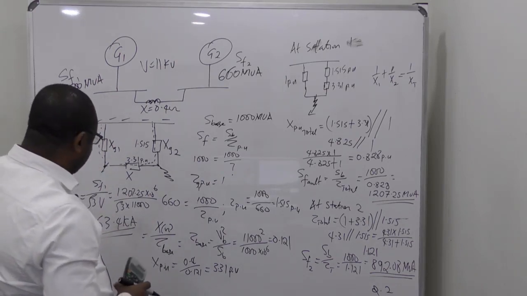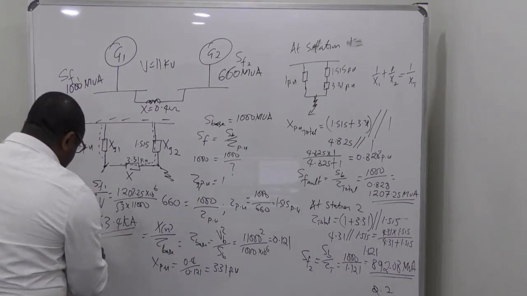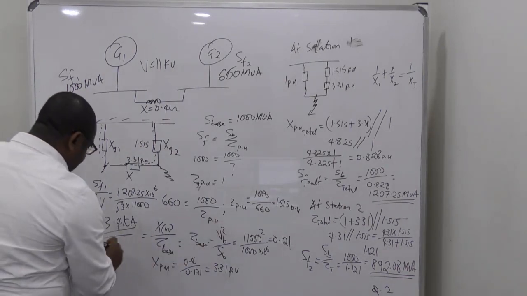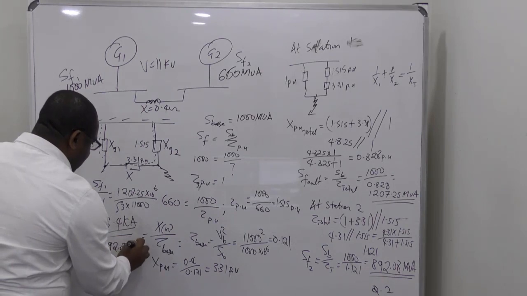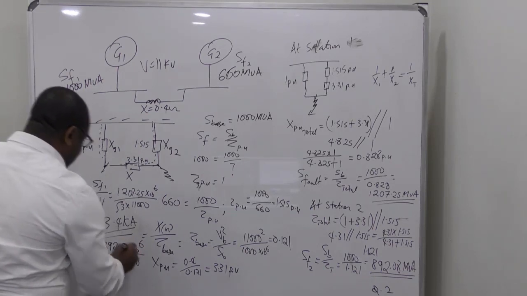63. The same thing that I short circuit 2. Now it will be 892.08 times 10 to the power 6 divided by root 3 times 11,000.